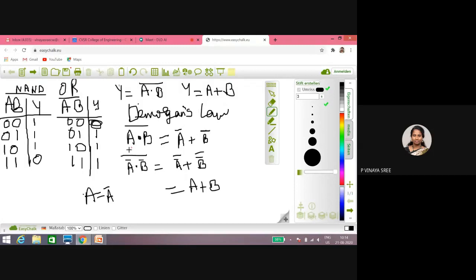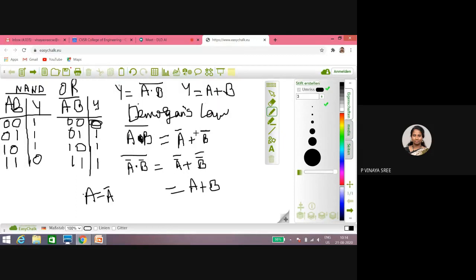So try to see A into B. Symbols are changing. Concentrate. I'm observing most of the students will be writing A bar into B bar. No. A into B whole complement equals A complement plus B complement. But our target is not A complement plus B complement. Our target is to get an OR implementation.